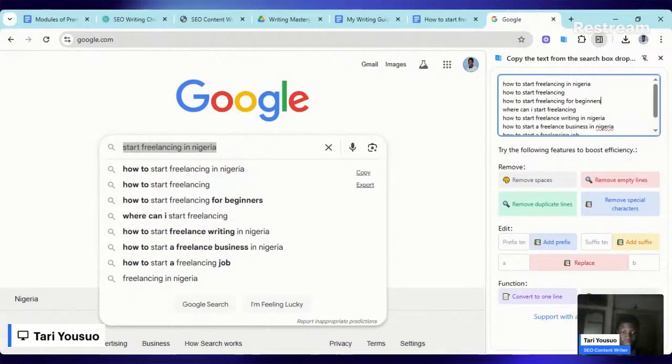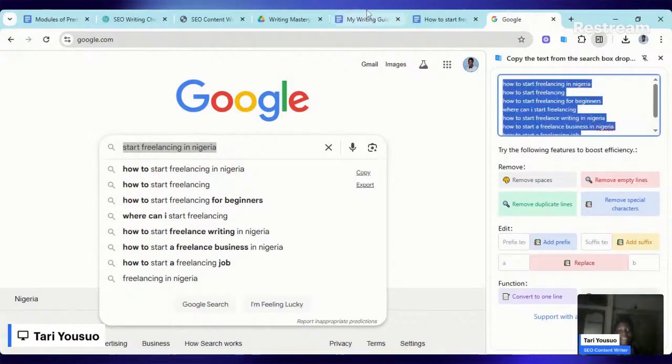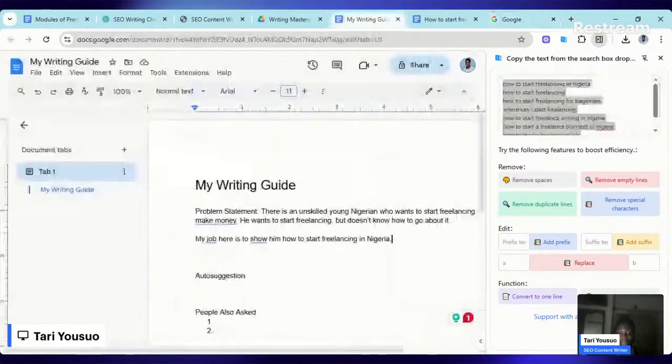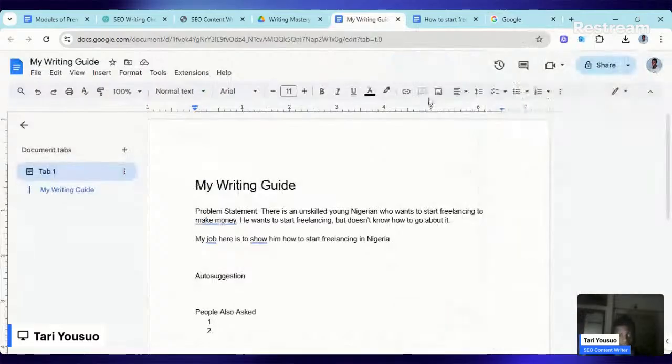So Control A, Control C. I'll go back to my writing guide. I already have a space for auto suggestions, so I will just paste them in.